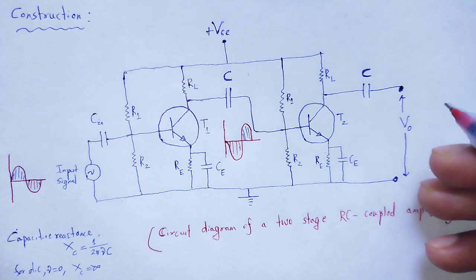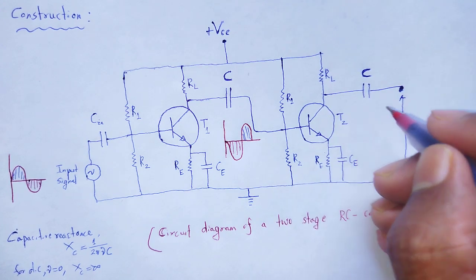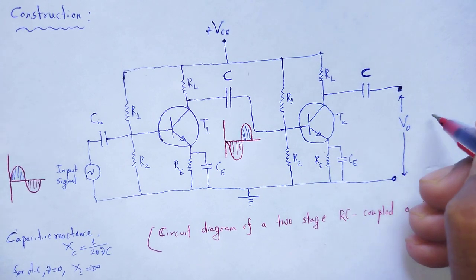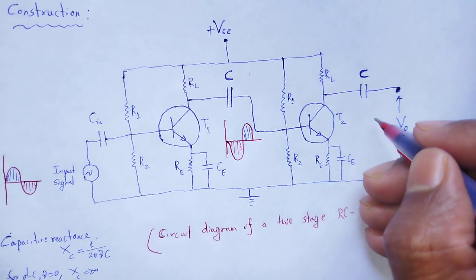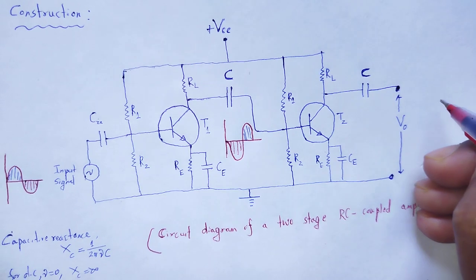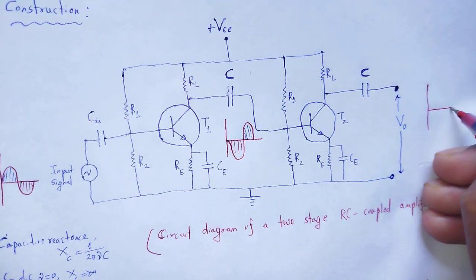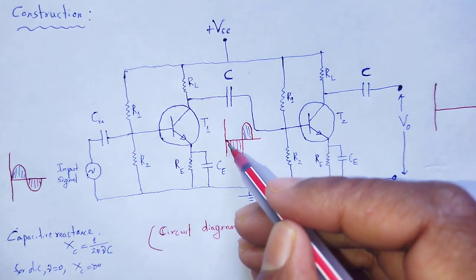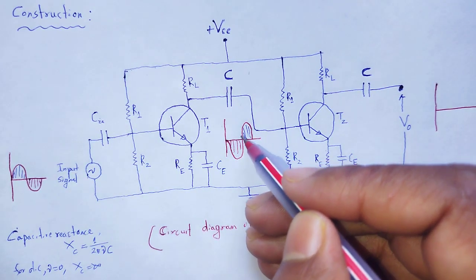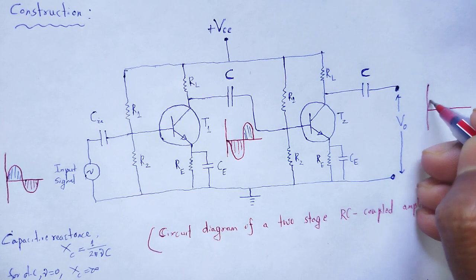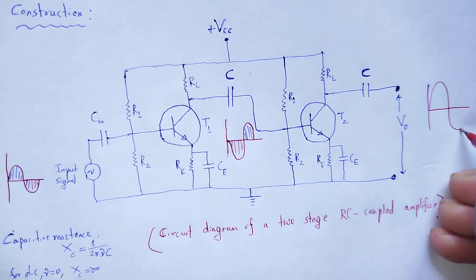And finally we obtain the output signal across RL, which is the amplified version but with the phase shifted: amplified and phase shifted.